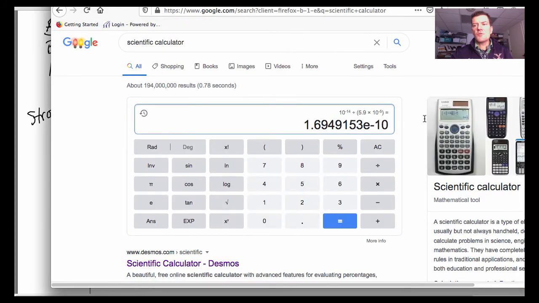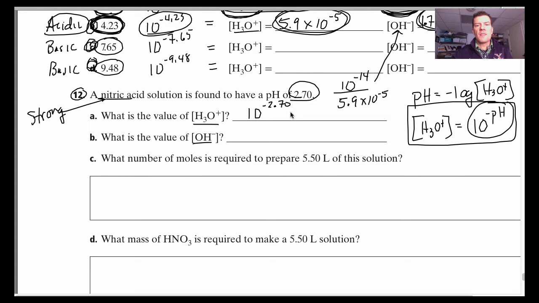On my calculator, I get 0.00199. So I'm going to round this to 0.002. 1, 2, 3. That's negative 3 there. So I'm going to do 2 times 10 to the negative third. This is my concentration.